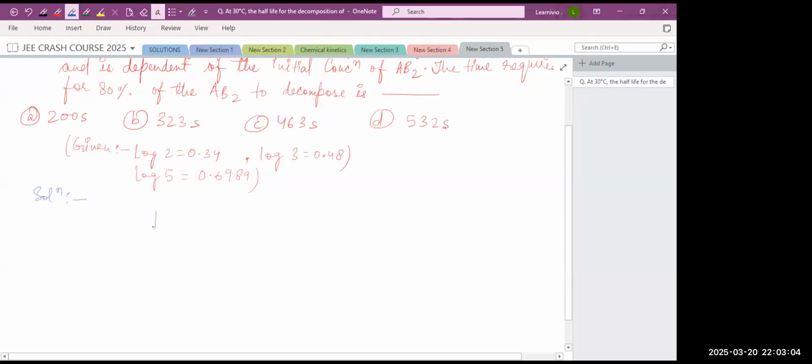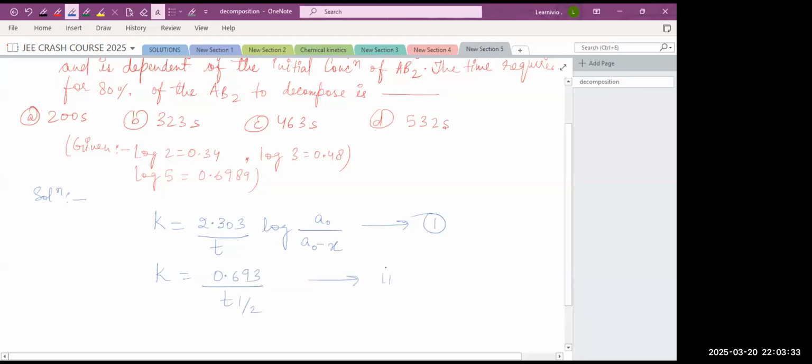So the formula we will use for this question is k equals 2.303 over t log A naught upon A naught minus x. Mark it as equation 1. And we also know that k equals 0.693 upon T half.